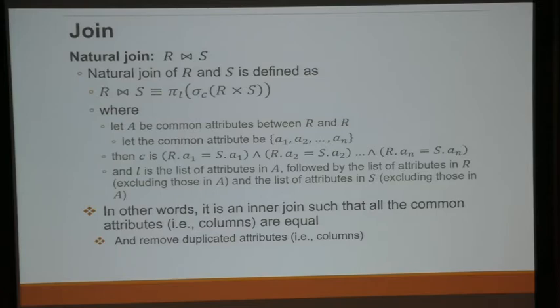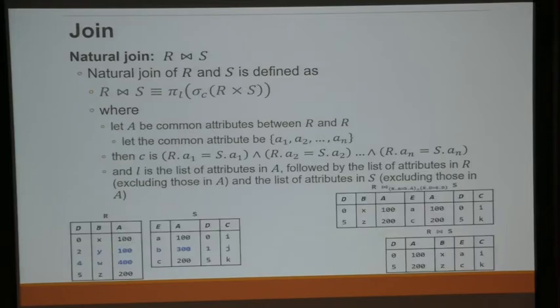So let's go directly into an example. Take a look at this. You have relation R and you have relation S. Attribute D exists on both tables. Attribute A exists on both tables.